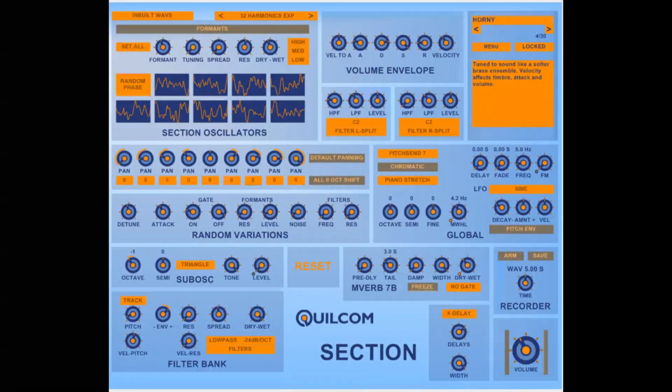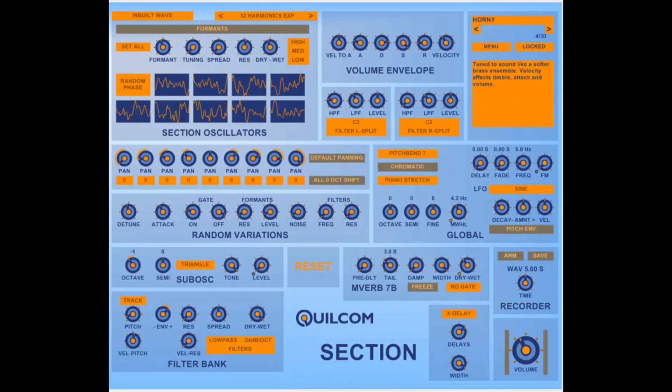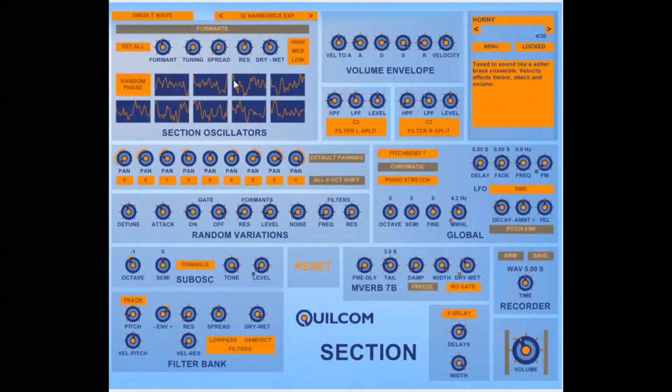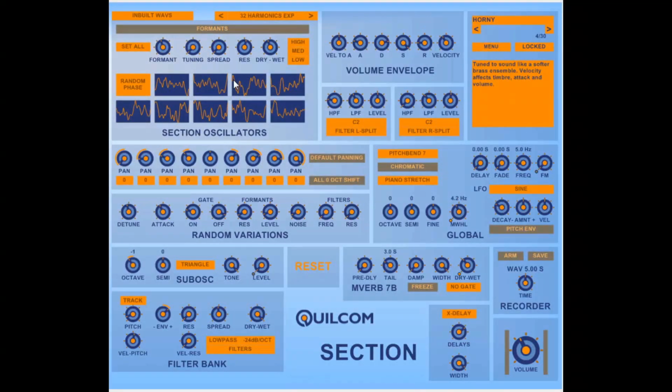Unlike the usual chorus effects and unison detuning, the Quilcom section at its heart has this section of oscillators here, and they provide something which I refer to as partial phase scrambling or randomization. This technique means that you don't get the usual sort of phasey flanginess that you get with the chorus and the unison detune that I've mentioned.